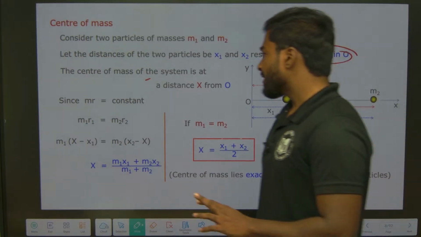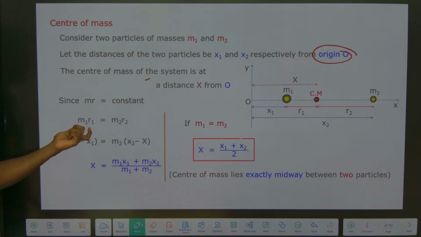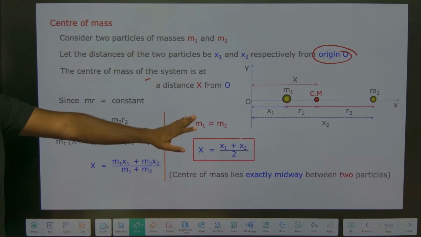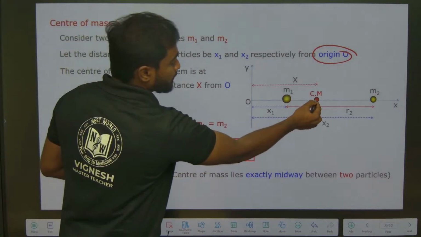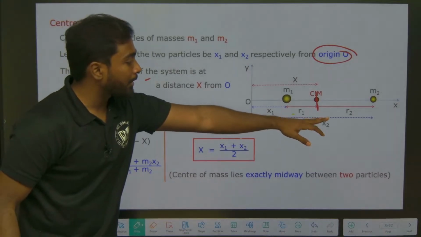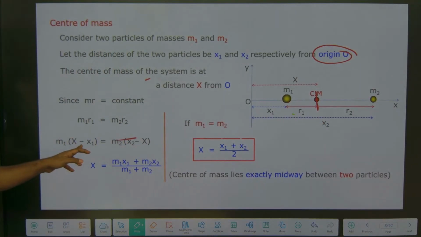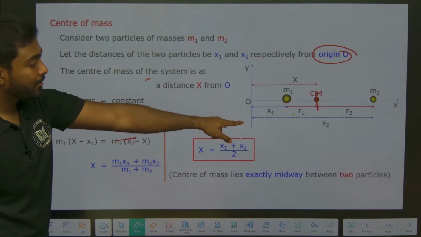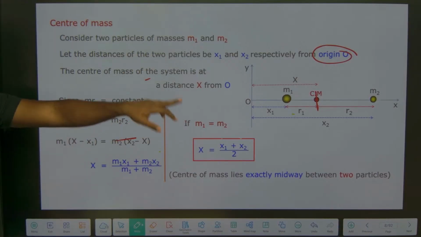We know that since mr is constant, m1 r1 equals m2 r2. From the center, we are considering r1 and r2. I need to find what r1 and r2 are. r1 is nothing but x minus x1, and r2 is x2 minus x.